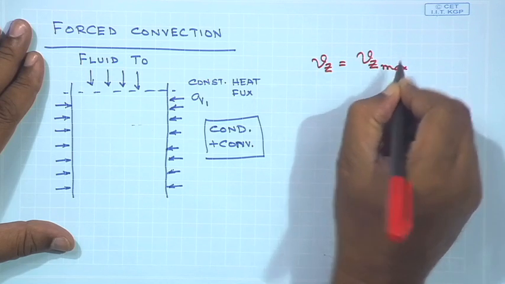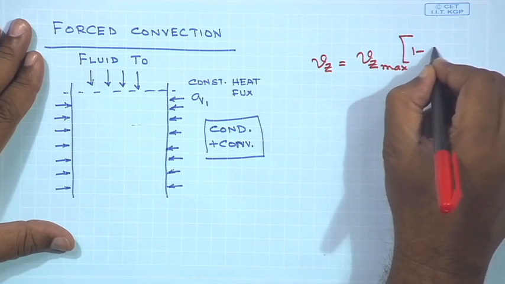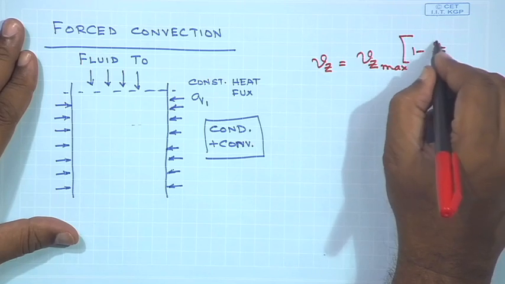The velocity is expressed with the following formula: Vz is equal to Vz max times 1 minus (r by R) whole squared.